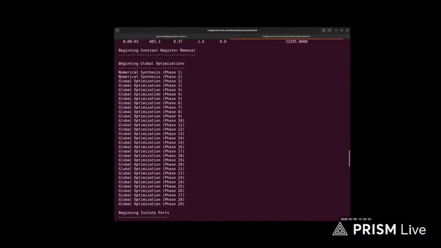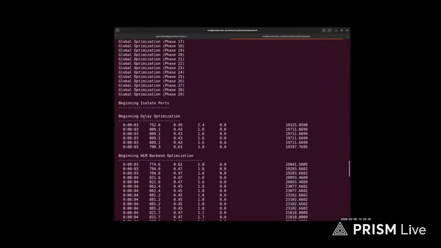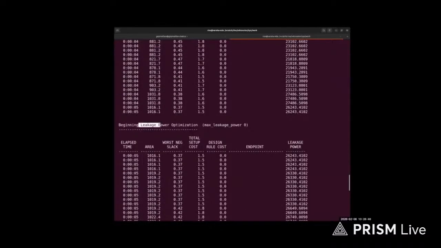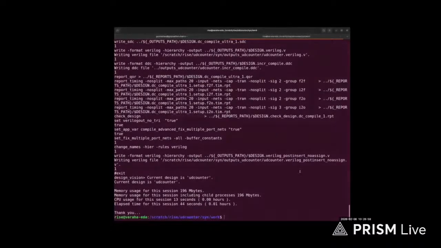These are the steps which show that I'm optimizing. Some delay optimization is happening, and leakage power optimization is happening. I think the synthesis is done. Now let's look into the reports.